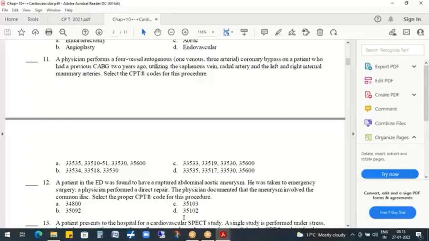Make a note: the 51 modifier will never be reported along with add-on codes. Do not report the 51 modifier with add-on codes.